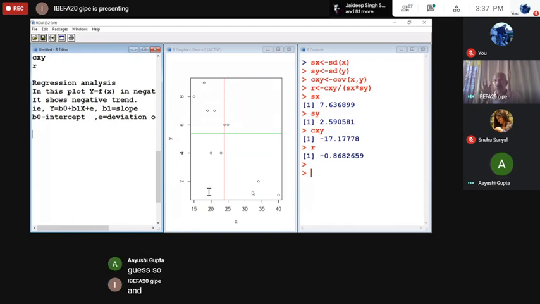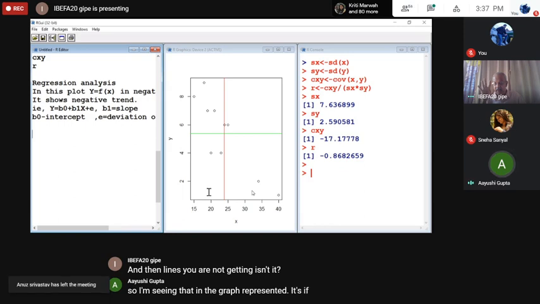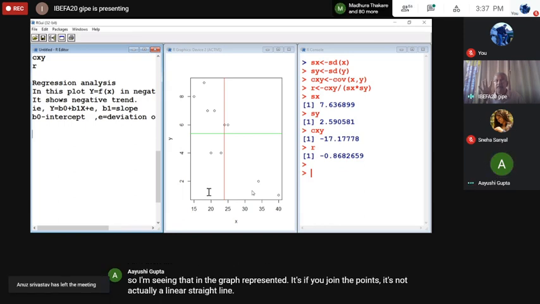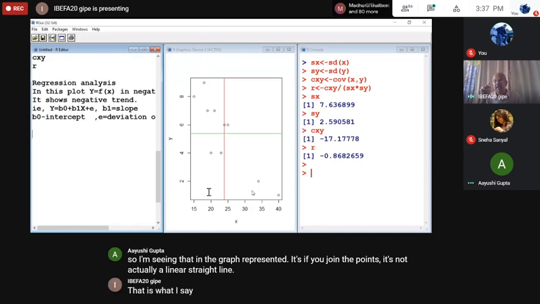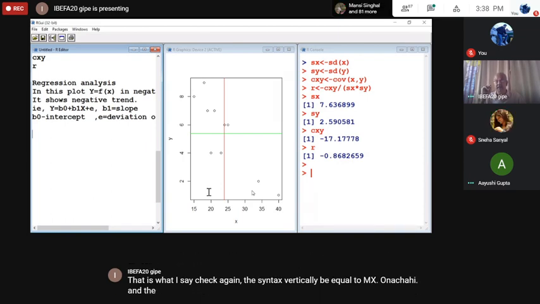And then lines you are not getting, isn't it? So I'm saying that in the graph represented, if we join the points, it's not actually a linear straight line. That is what I say. Check again the syntax. Vertically, V equal to mx should come, and h is equal to my. Check again and work. AB line is the function. Two-dimensional line.